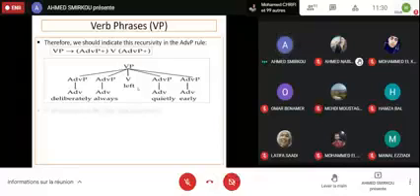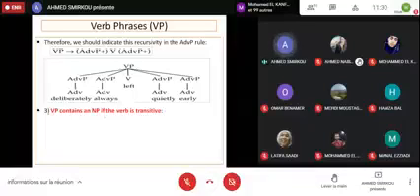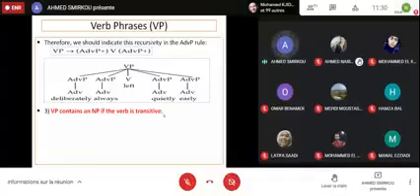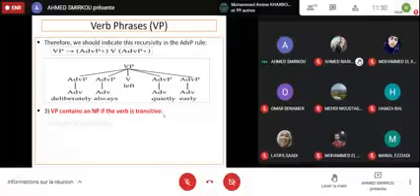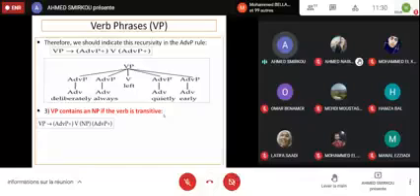Number 3, the verb phrase contains a noun phrase if the verb is transitive. If the verb is transitive, we must have a complement or a direct object. Okay, for example, he smokes 5 cigarettes a day. So this is the direct object of the verb smoke.